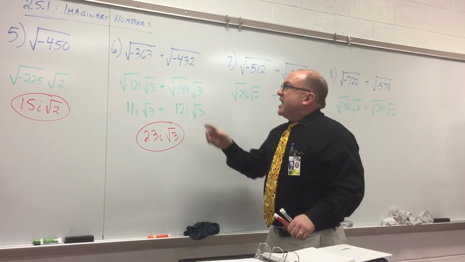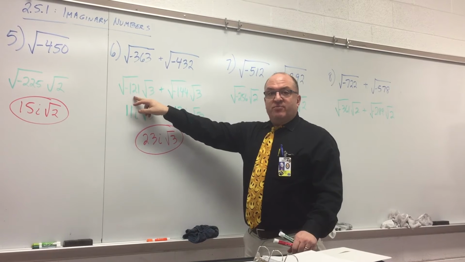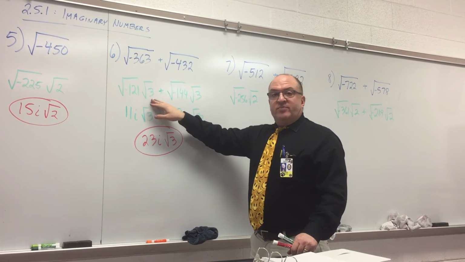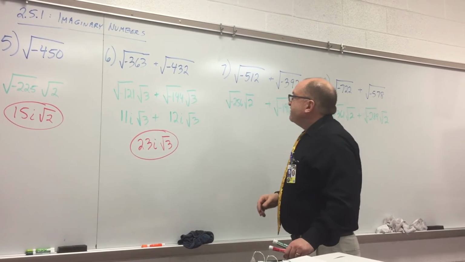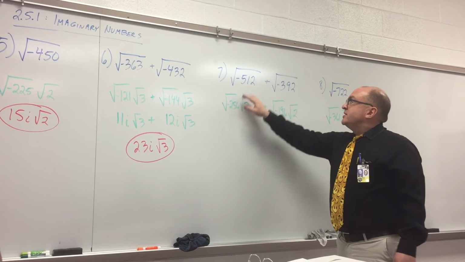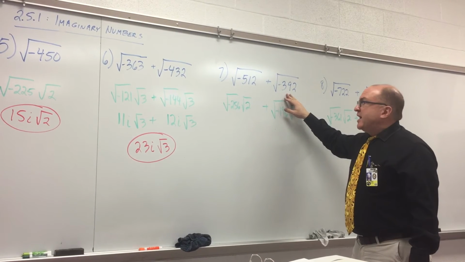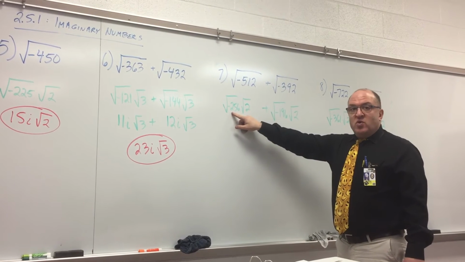Perhaps you've noticed by now, we always put the negative inside with the perfect square. And we leave the extra piece without the negative. Okay? Once again, notice square root of negative 512, square root of negative 392. Notice that the negative is left with the perfect square.